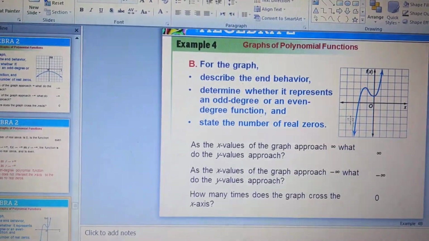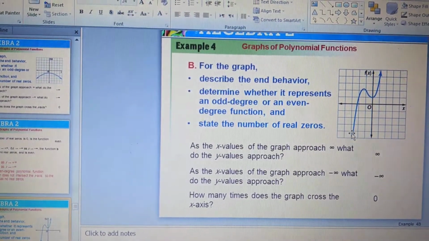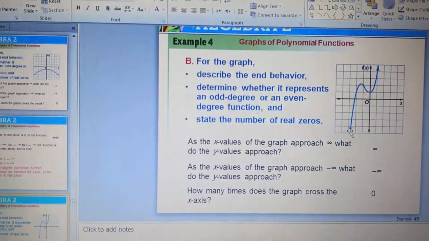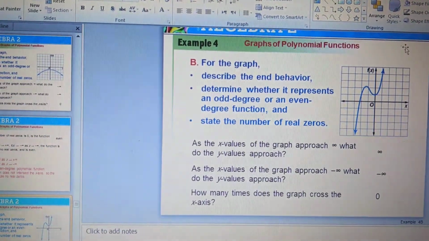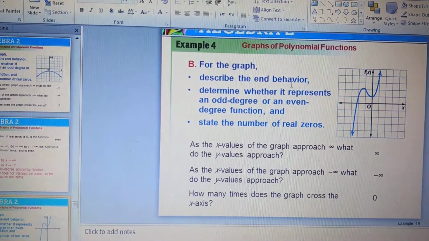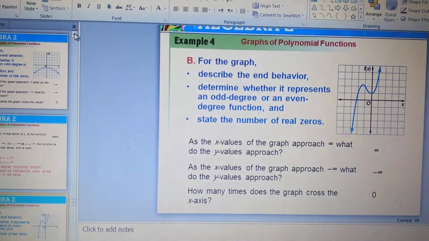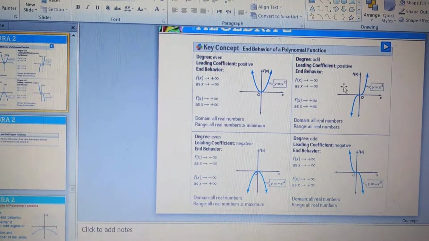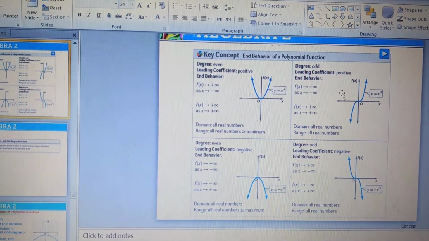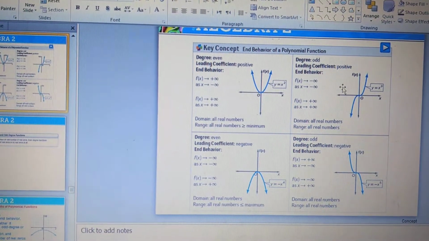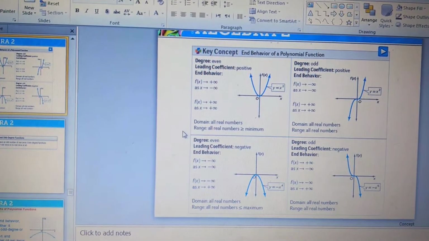You can see here. And the end behavior here, x going to negative infinity, y going to negative infinity, x going to positive infinity, y going to positive infinity. This means it's exactly like this one. This means the leading coefficient is positive and the degree is odd.